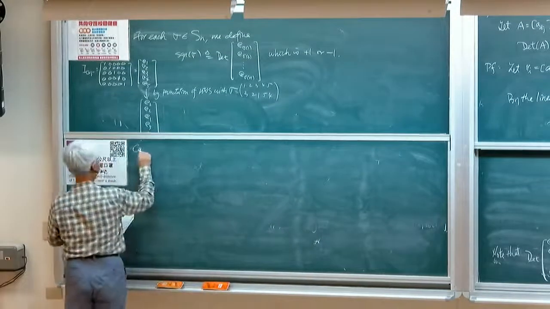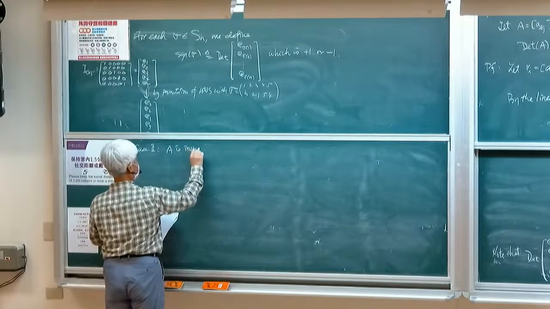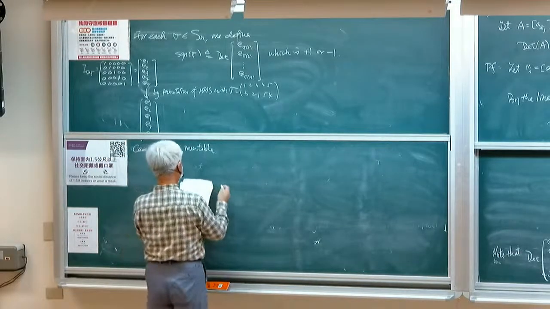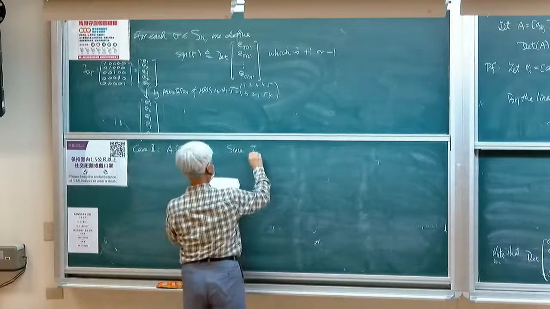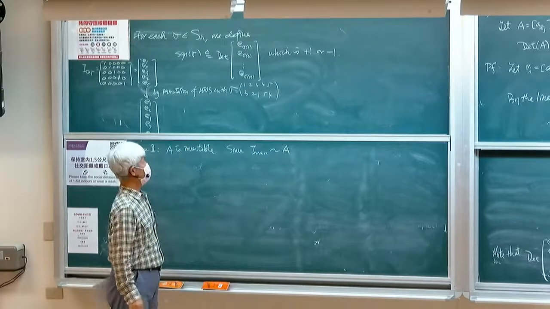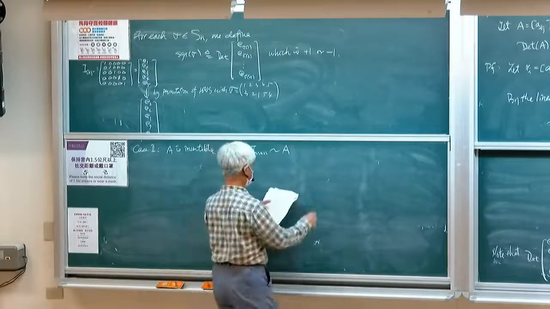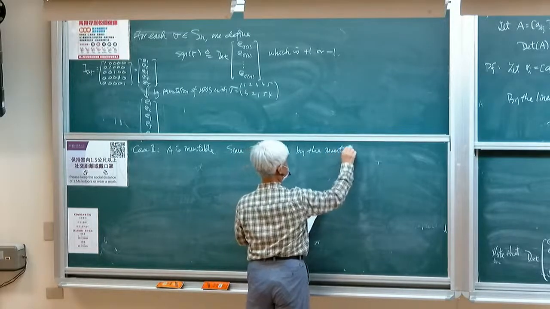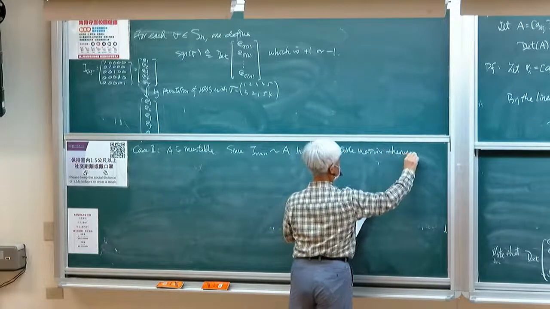Okay, so case 2, A is invertible. Okay, all right. So now the reduced echelon form of A is the identity matrix by the invertible matrix theorem. Okay?